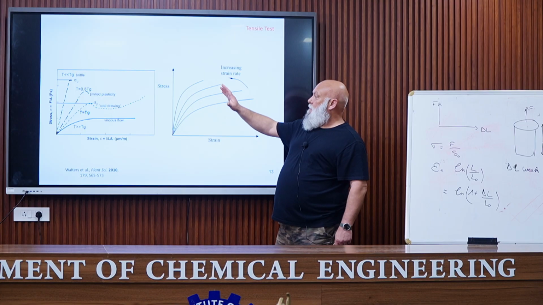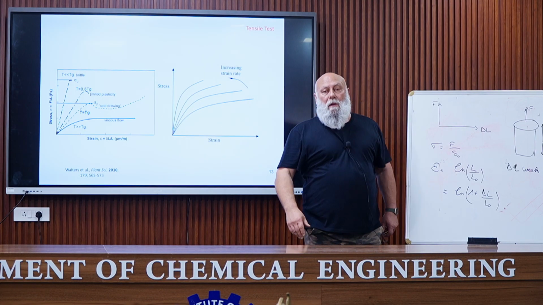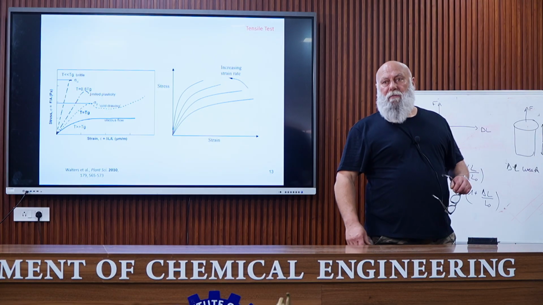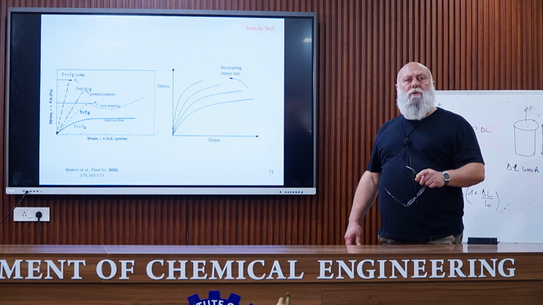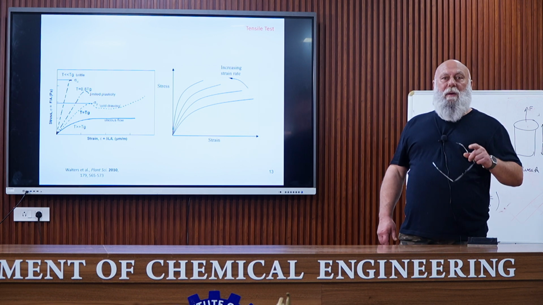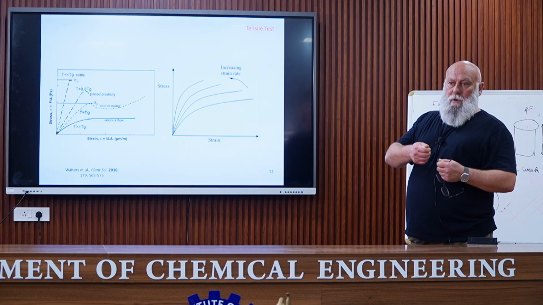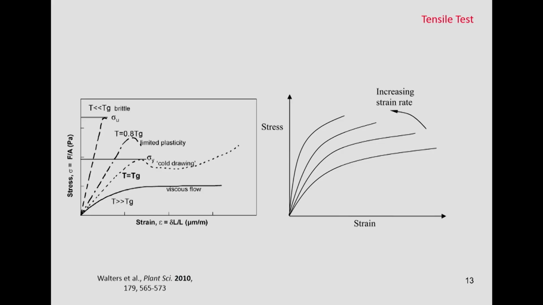So it means that it's very important to control this parameter. For example, in the case of polypropylene, when performing the test at room temperature at 10 millimeters per minute, which is classically used, we have a high deformation at break with a necking. If the test is performed at 200 millimeters per minute, we have a brittle fracture.